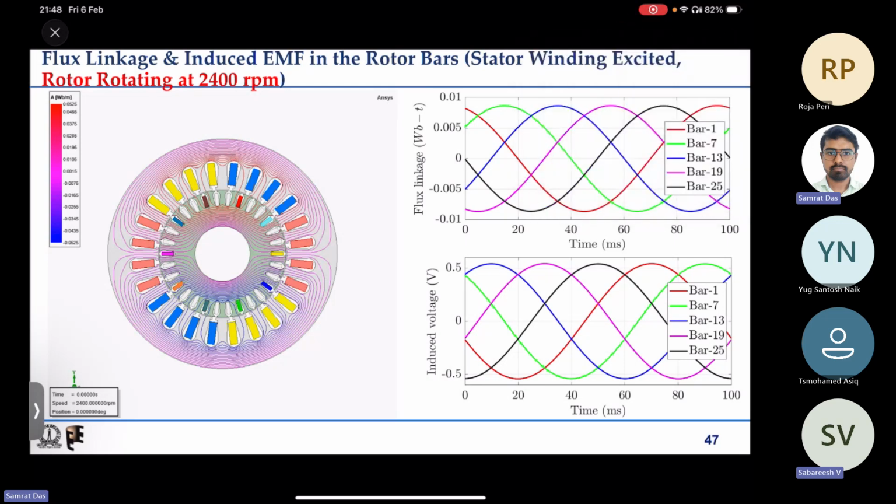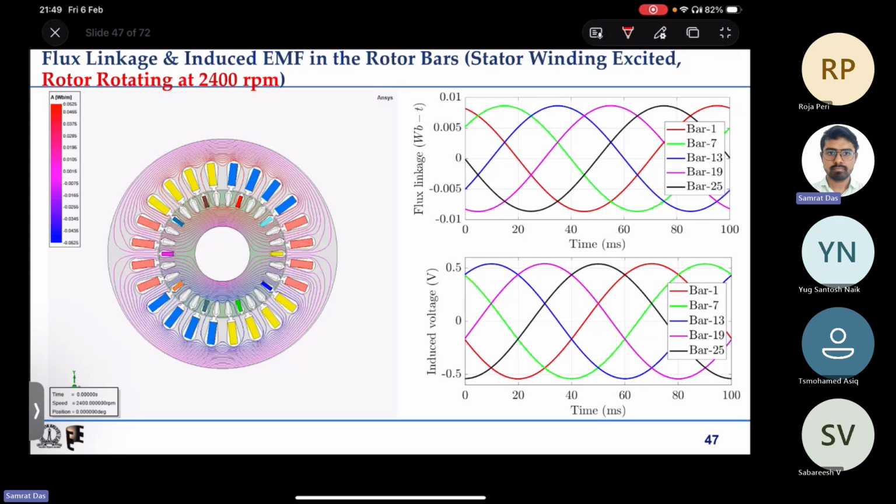My first scenario is, in the stator, if the RMF is produced, it will rotate at some speed, let's say 3000 RPM. So the rotor has some bars and it is rotating at some speed.